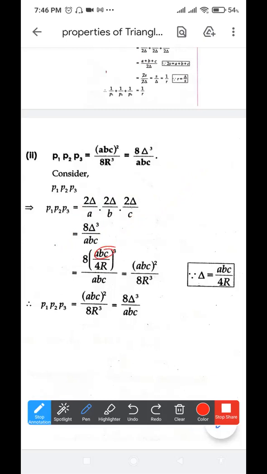This is from ABC whole cube, 1 cube and this ABC can get cancelled and ABC square by 8R cube will be the answer. Okay. Because delta is equal to ABC by 4R, we are substituting the value of delta. We are cancelling one ABC and one ABC. So ABC square by 8R cube is your final answer.